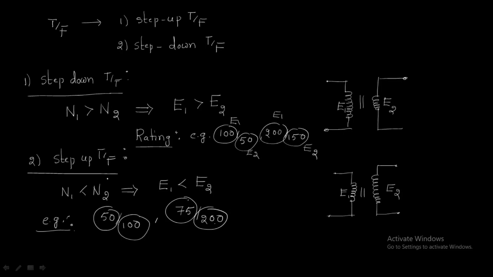This is the difference between the step up transformer and step down transformer. By observing the number of turns or by observing the EMF generated on voltages, we will decide that given transformer is step up transformer or step down transformer. Okay, so these are the two different types of the transformer.